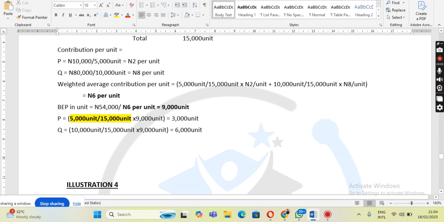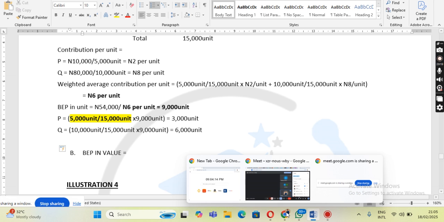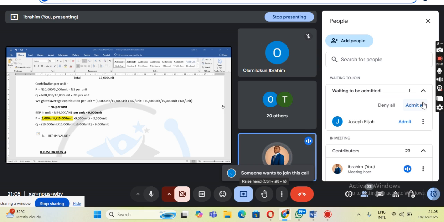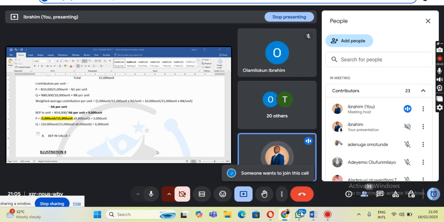Now, let's take a look at that. B, BEP in value. So what is the formula? Don't forget that if you want to look for BEP in value under the single product, it will be fixed cost divided by contribution per unit times selling price per unit, or the fixed cost divided by CMR, which is the contribution margin ratio.